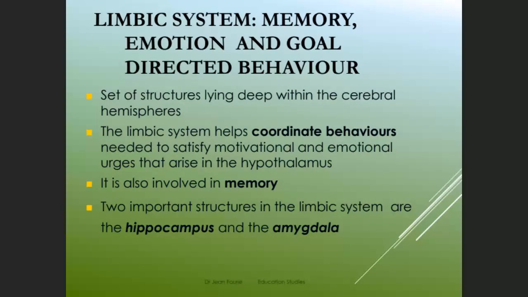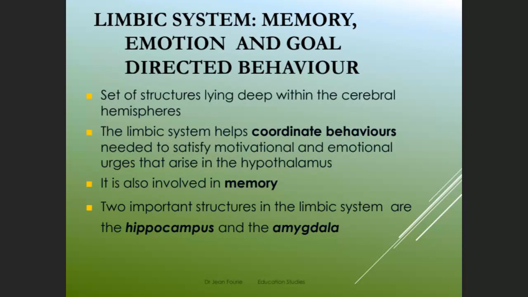There is also the limbic system in the brain. This is a structure deep within the cerebral hemispheres, and the limbic system is the coordinating part. It is coordinating all the behaviors needed to satisfy the motivational and emotional urges that are arising in the hypothalamus.